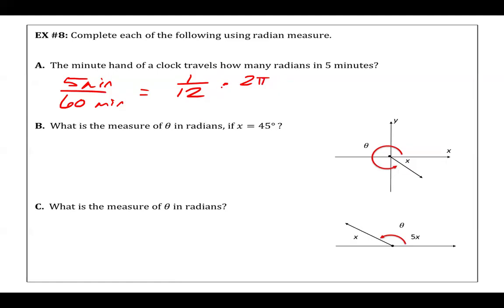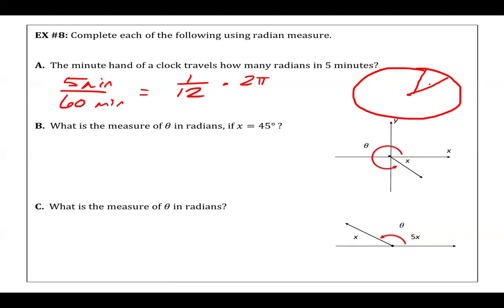Does that make sense? Let me draw the circle. Here's my clock. Here's the center. My minute hand would be here at 5, right? I know we don't have analog clocks around here, but hopefully we know that 1 is 5, right? But this is 1. So I've only traveled 1/12 of this circle.